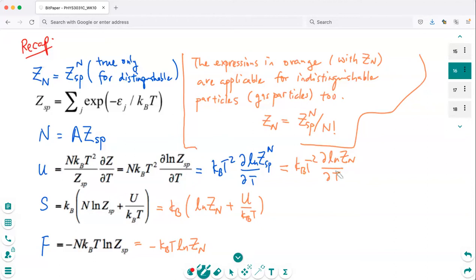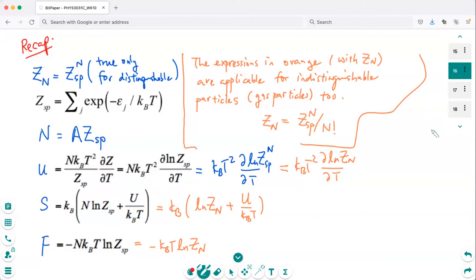And they are really equivalent because you can pull this n inside, group together n with log, and then you raise the single particle partition function to the power of n. So that is not surprising. And the last thing I want to say is, if you only want to memorize one set of equations, memorize the one in orange. Because they are applicable to indistinguishable particles as well, as long as you define z sub n properly.